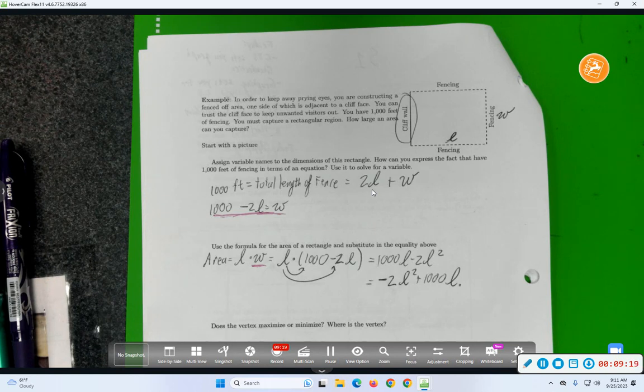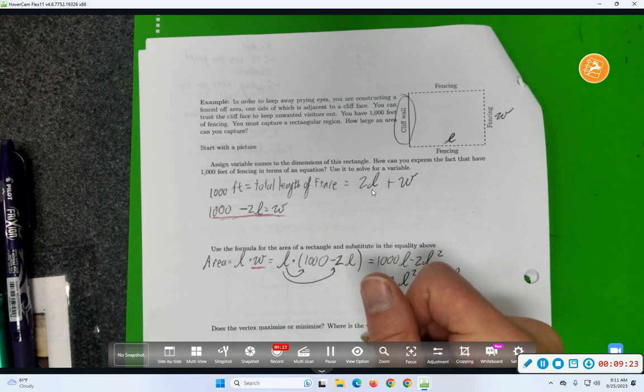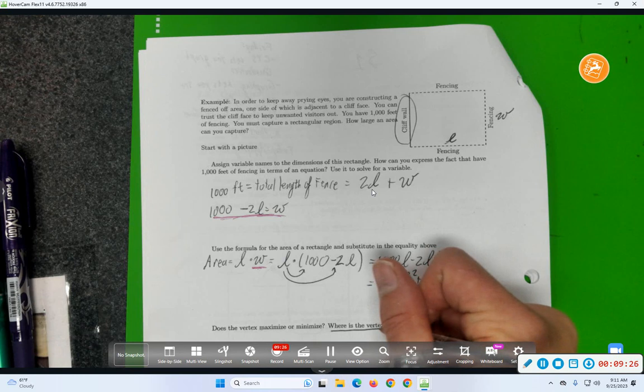Yeah, so tell me, what is the x-coordinate of the vertex? So I guess this is answering the second of these questions.